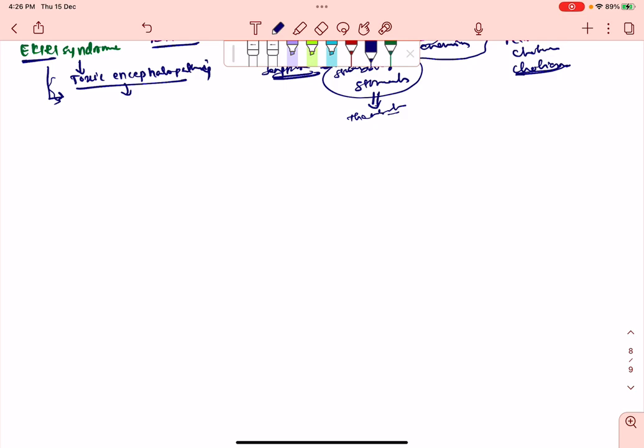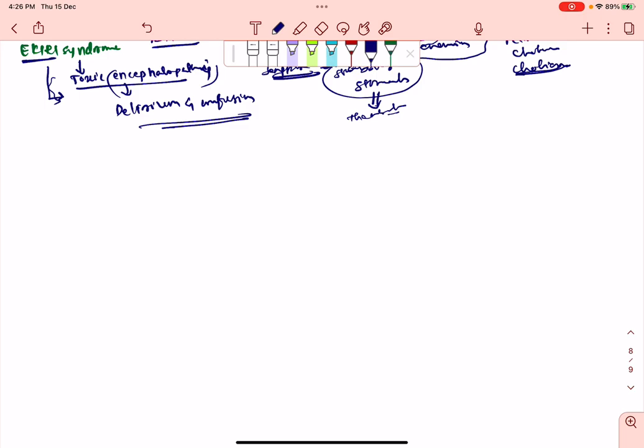If there is encephalopathy, there must be neurological features. In late stages, stage 3 and stage 4, as in hepatic encephalopathy, there is delirium and confusion. This is toxic encephalopathy, also known as Ekiri syndrome, associated with Shigella.